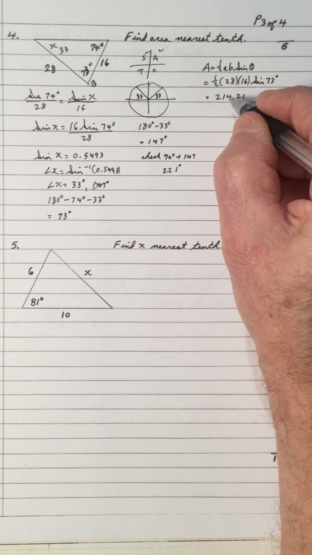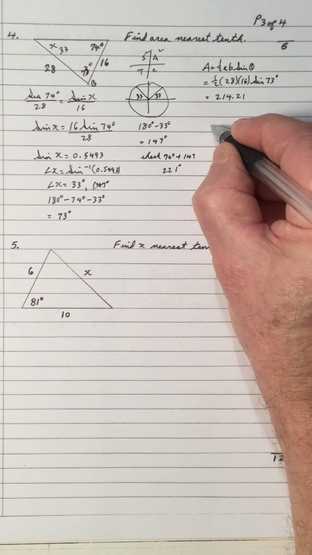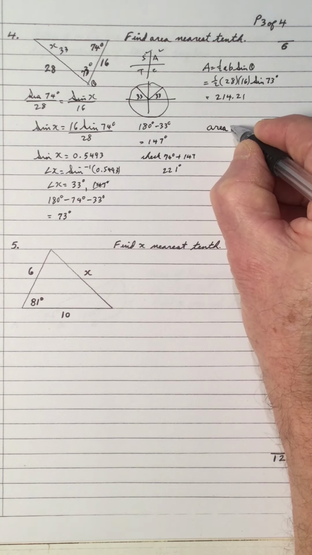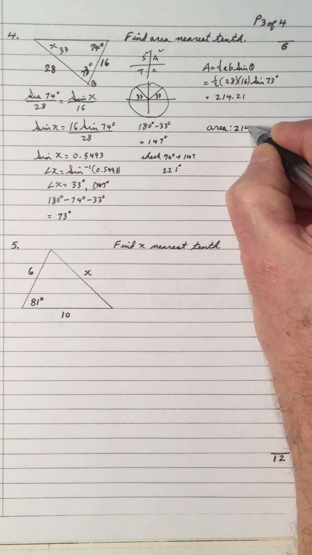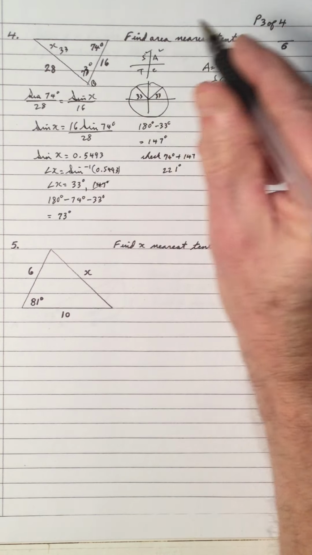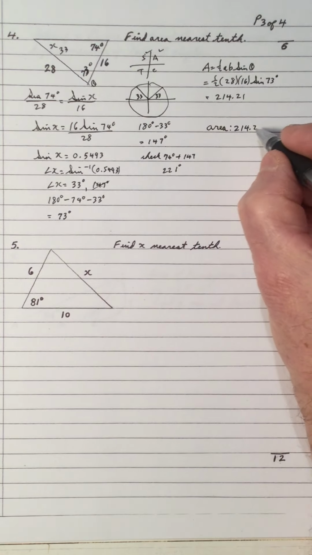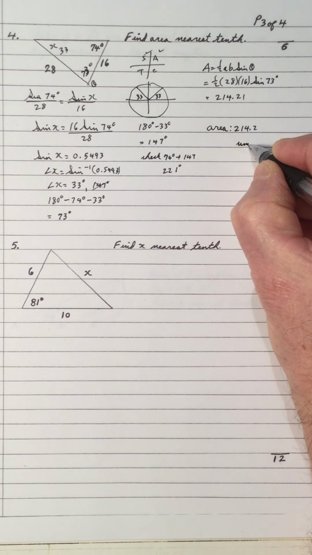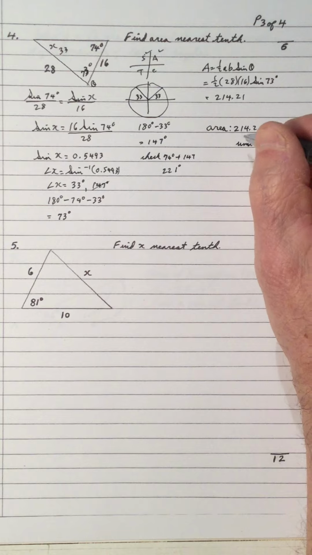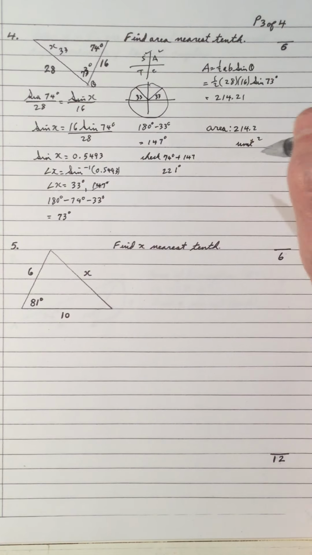I've done a lot of these, so you can plug that in and check it out. So the area to the nearest tenth is 214.2. And I didn't say the units, so it's square units, or units squared, whatever the units. I didn't put any units in, but the area is in square units.